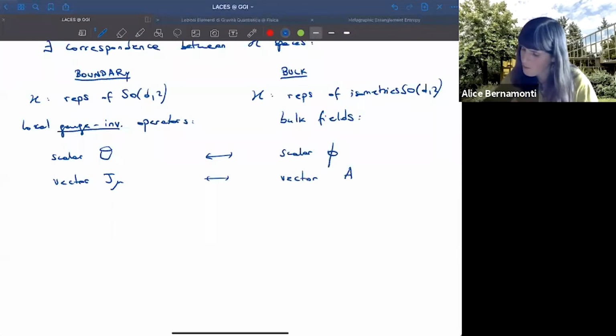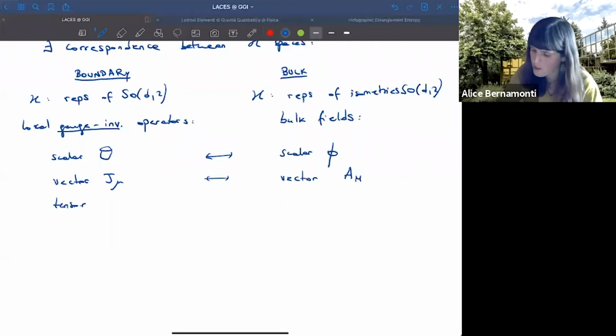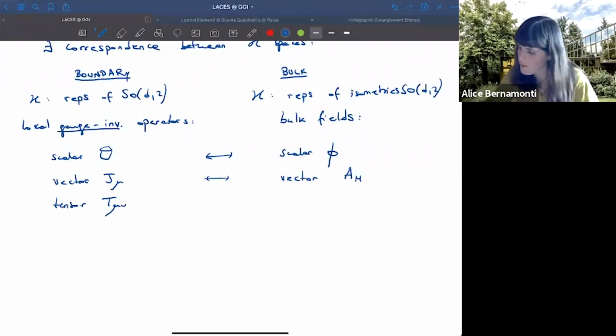Let me use mu for boundary indices and m for bulk indices. And tensor operators, like the basic one in the conformal field theory, which is T_mu nu, the energy-momentum tensor, will correspond to tensor fields. And as we will motivate, in fact, this corresponds to the metric itself.